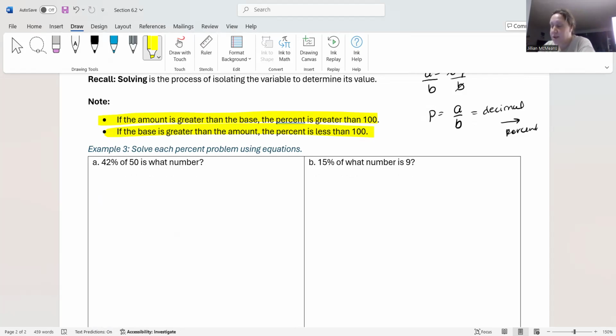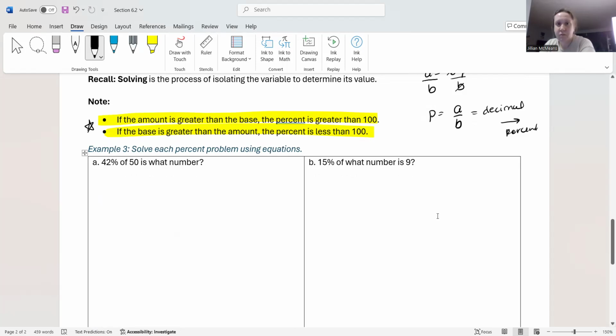If the amount is greater than the base, the percent is going to be greater than 100. If the base is greater than the amount, the percent is going to be less than 100. So if you ever get a percent that's greater than 100, don't freak out. It can absolutely happen, and it's always going to happen when the amount is bigger than the base.